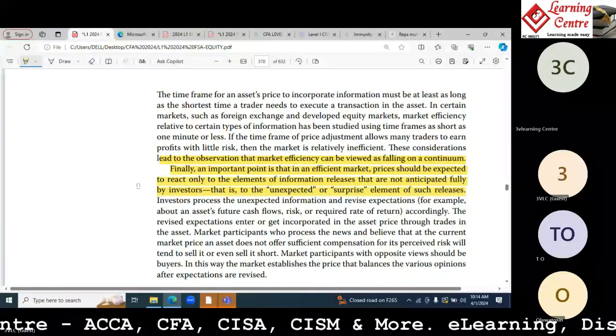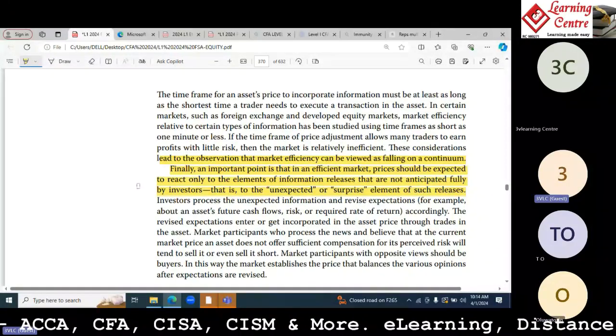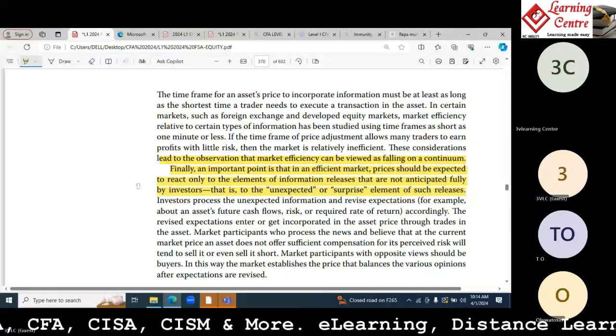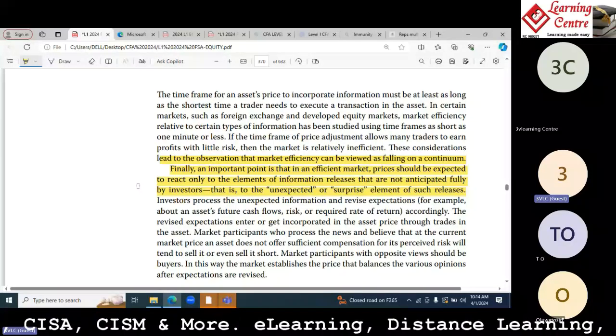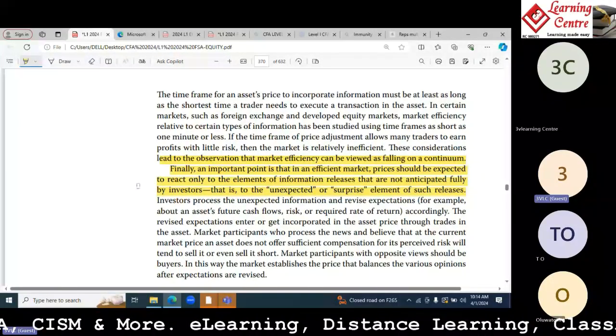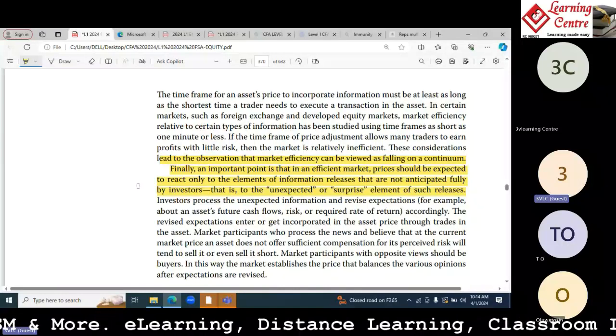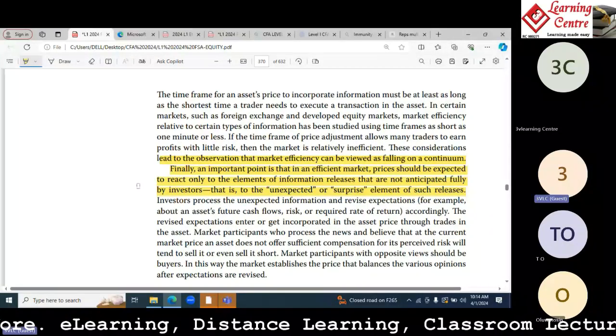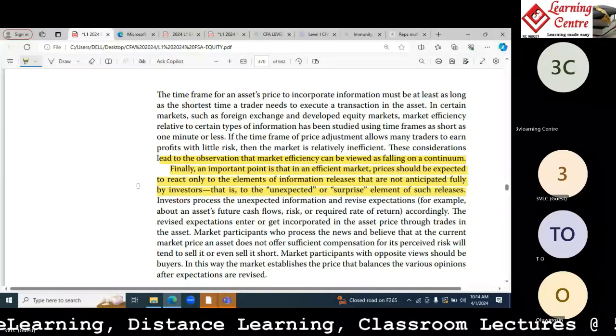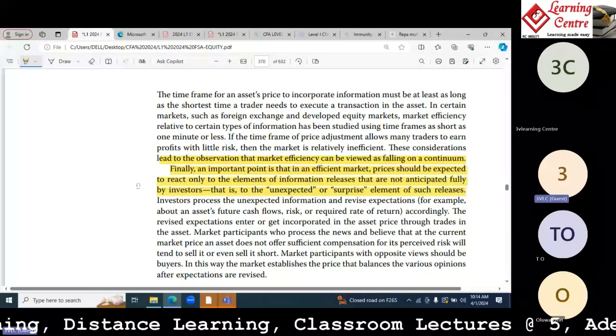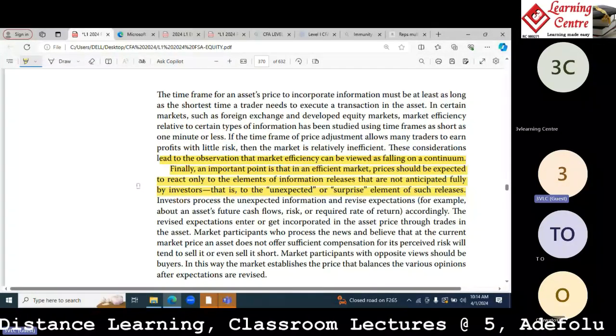However, every day new information comes out. So as a result of that, what information should you expect to impact prices more?